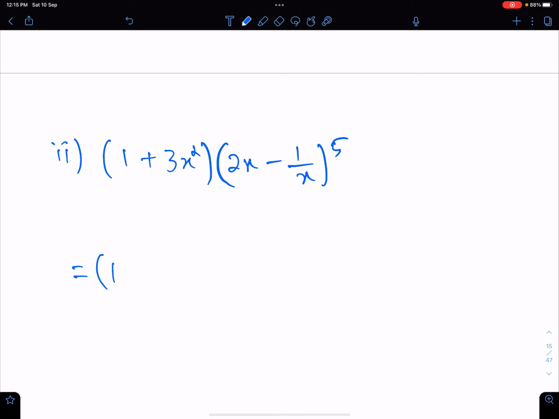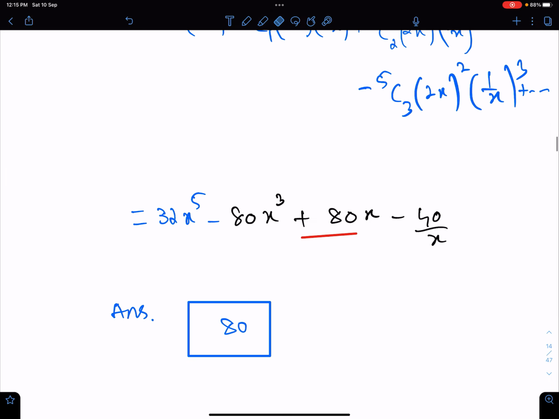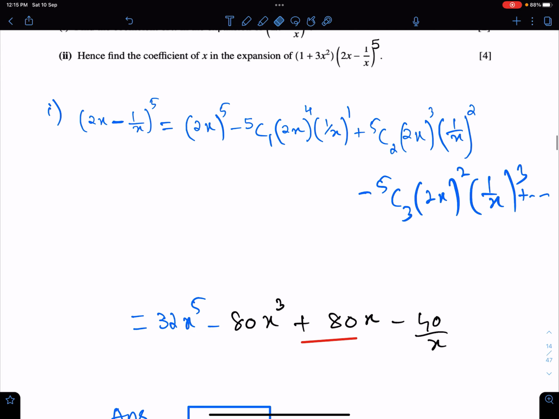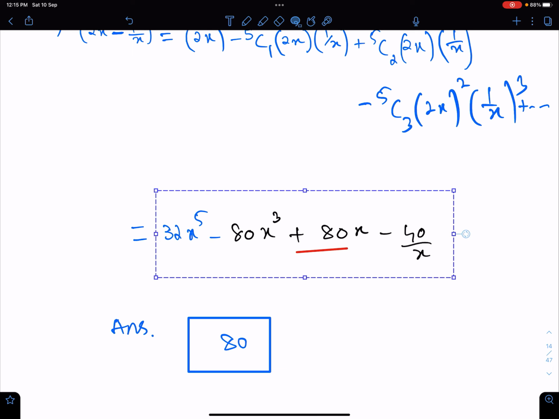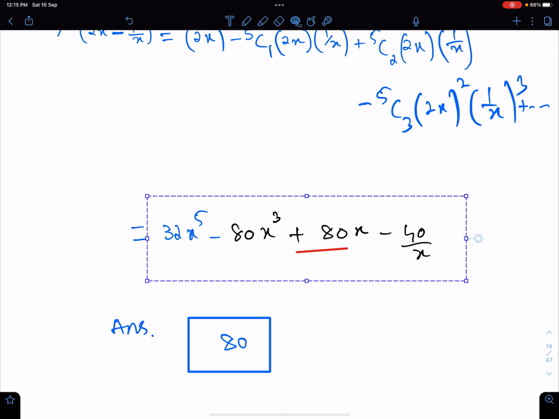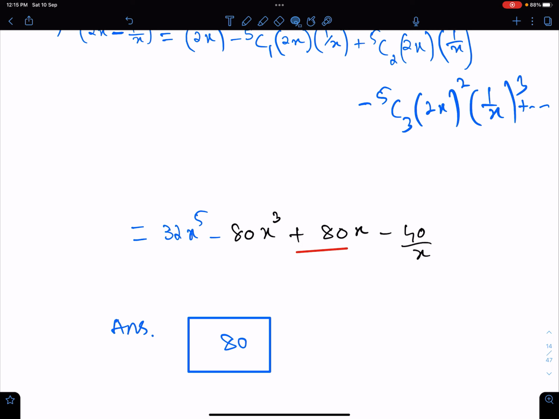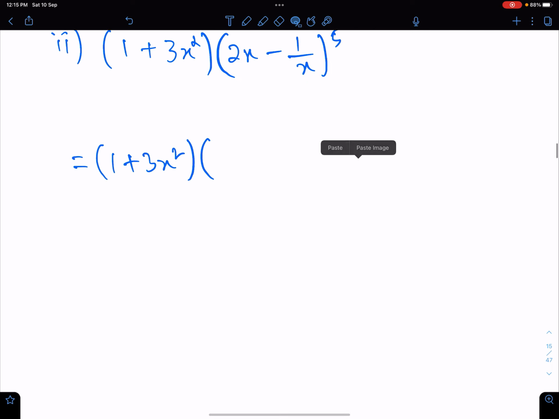So just copy this result here and copy the result of the first part here.